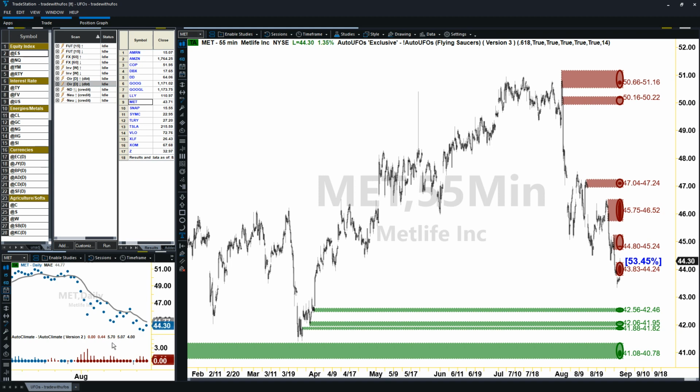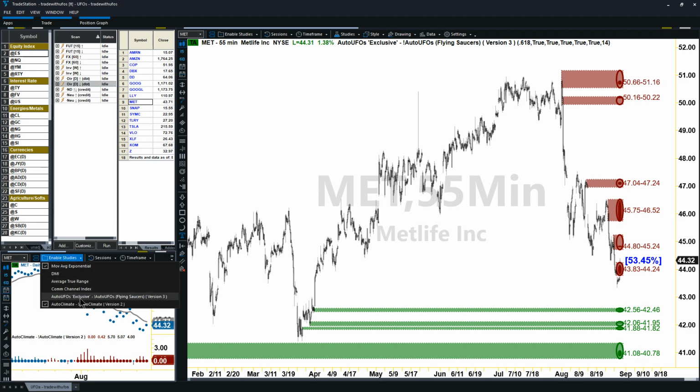Those climates tend to last 6 candles, and average 44.77, and 44.77 is more or less that UFO. Price is currently difficult to see, guys, but price is right here, right above the red UFO because it opened up, gapping up 1% plus. So we do have a potential trade on MedLife.